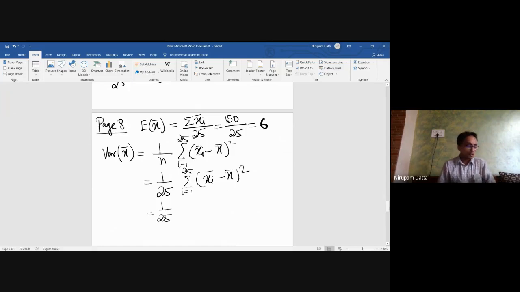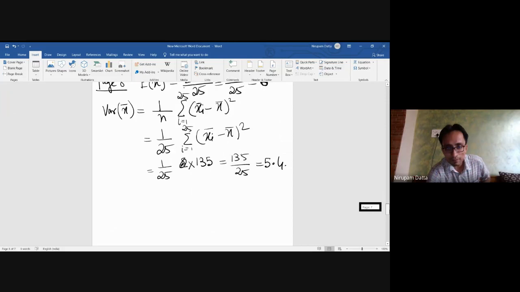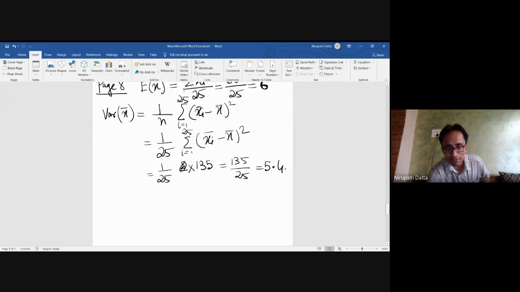You have to find it yourself. So this summation is equal to 135, and 135 by 25 is equal to 5.4. Fine. So these are the mean and the variance of the sampling distribution of the test statistic. Now, what is the population mean?